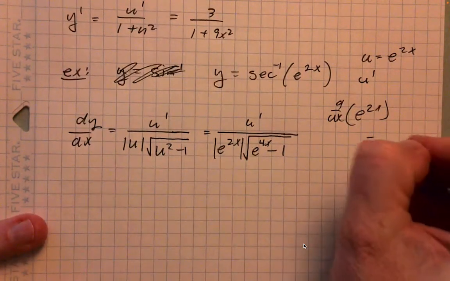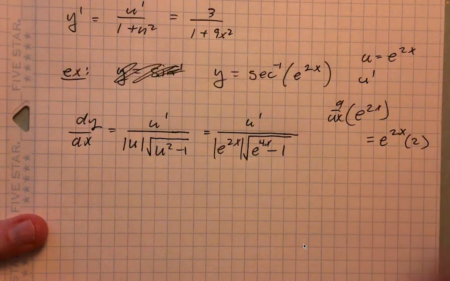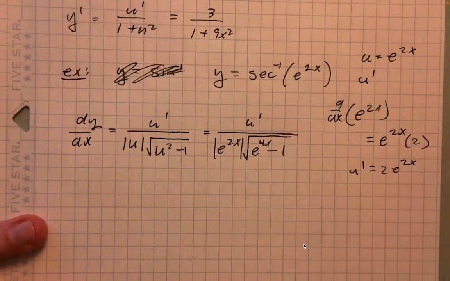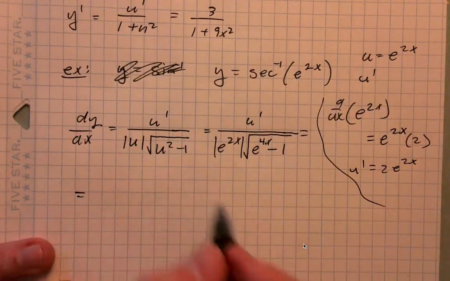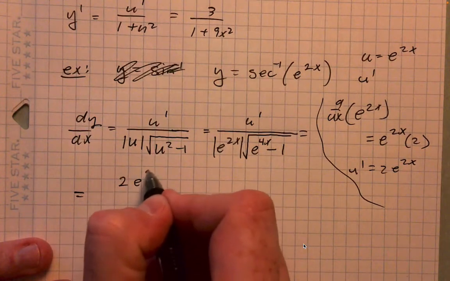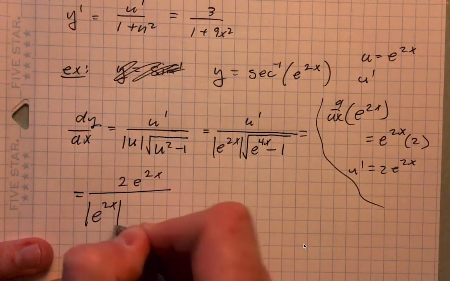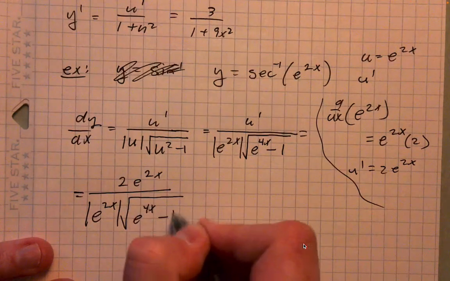It's going to be e to the 2x times the derivative of 2x. So u prime equals 2e to the 2x. Okay, so that would mean that we've got 2e to the 2x divided by the absolute value of e to the 2x times the square root of e to the 4x minus 1.